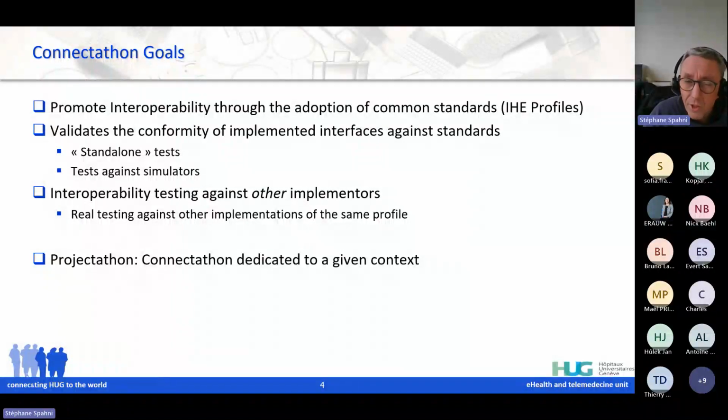When you implement an exchange between 2 parties, you generally implement one of the 2 parties, and you test against the simulator of the other party. And then the most important phase during the connectathon is the testing against other implementations, because we know that if we test only with our own implementation in a closed box, we will not discover many mistakes, many problems. So it's very important to test against other implementations of the same profiles, other peers.